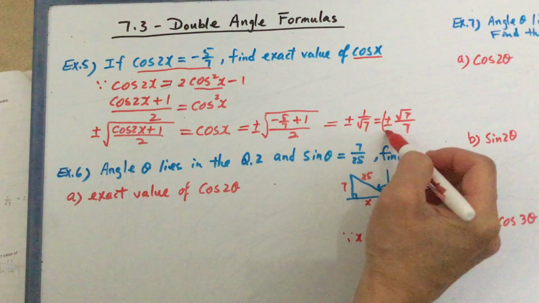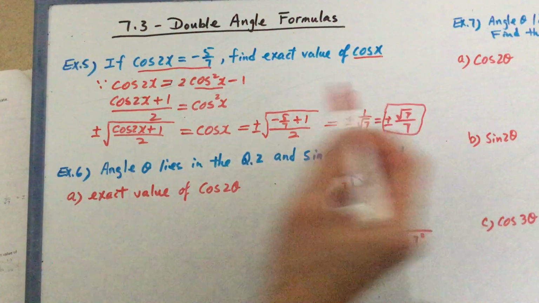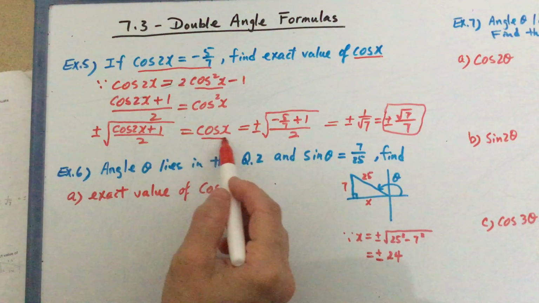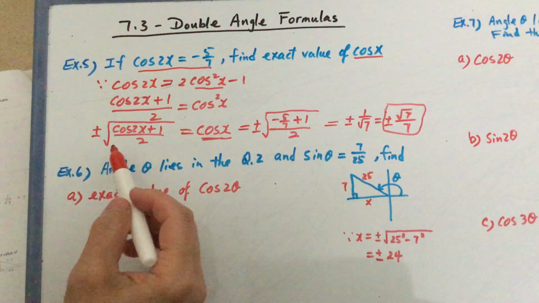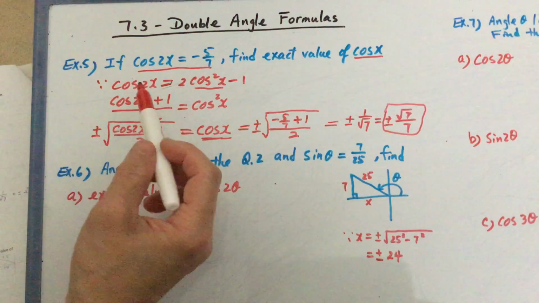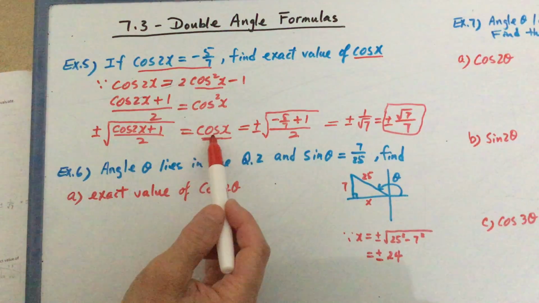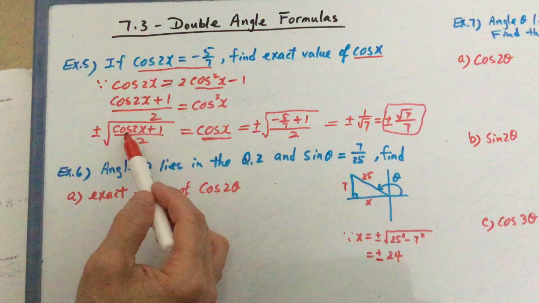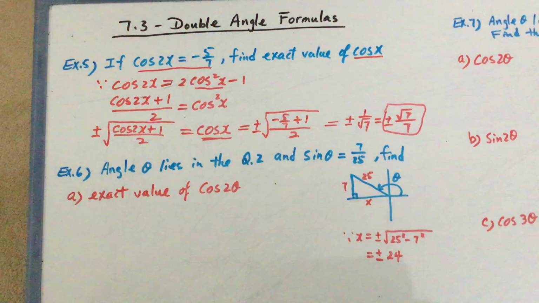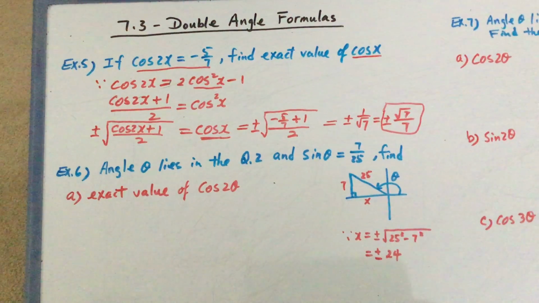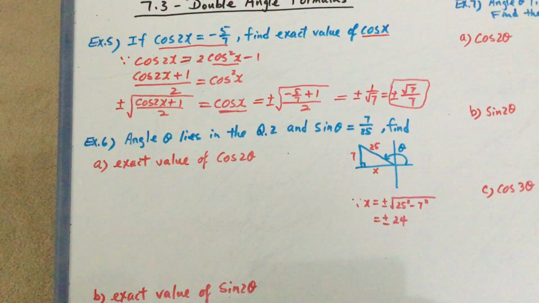So this is going to be your final answer for the cos x. I don't do any replacement until I can solve for the cos x when I bring everything over on one side. And that is how you will be getting your answer here.